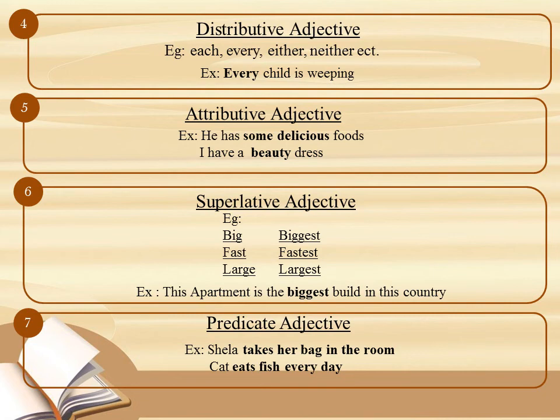And the last, the seventh, predicate adjective. Predicate adjective is an adjective that is used in the predicate of a sentence. Sentences and clauses are made of two major parts, the subject and the predicate.